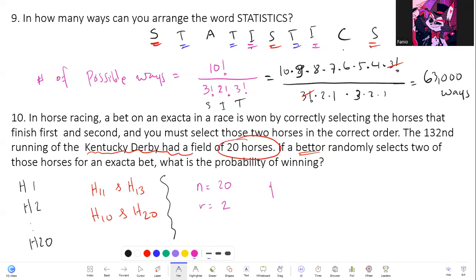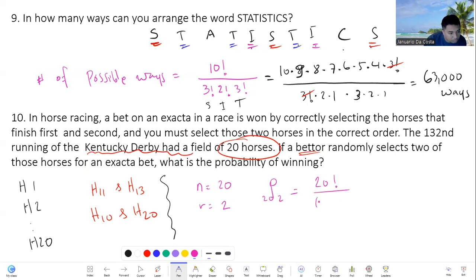So this is simply the permutation of 20 and 2, which is 20 factorial over 20 minus 2 factorial, which is 20 factorial over 18 factorial, which equals 20 times 19 times 18 factorial over 18 factorial. You just cancel the 18 factorial out, and all you are left with is 380 ways.